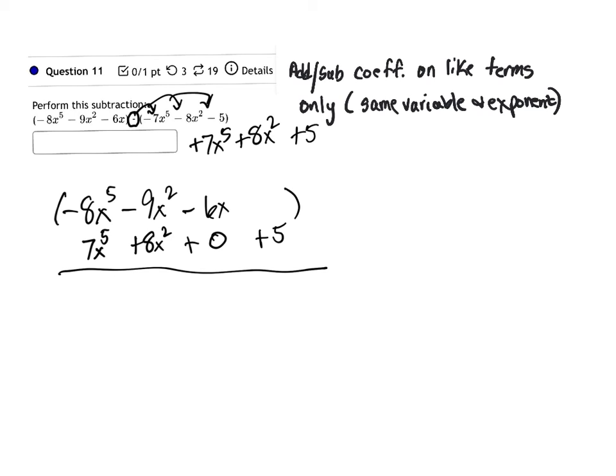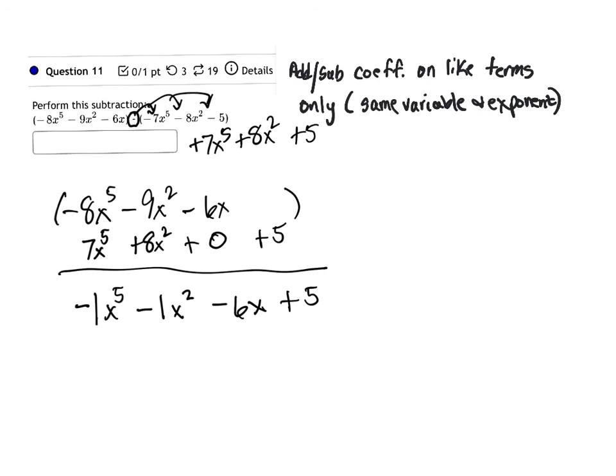So -8x to the 5th plus 7x to the 5th is -1x to the 5th. When I add and subtract, I don't change the variable and the exponent, it's just the coefficient. -9 plus 8x squared, that would be a -1x squared. -6x plus 0, -6x, because I didn't have an x term in that second set, and then plus 5 on the end.